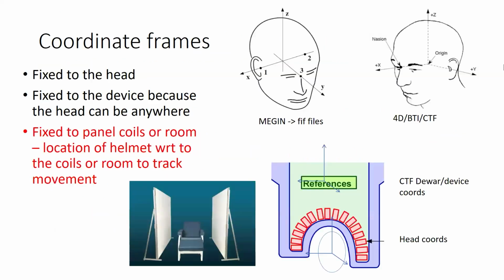Someone's already mentioned the coordinate frames, but I wanted to mention that besides the head coordinates and the device coordinates that we're all used to, I think we also need to incorporate the concept of a coordinate system of where the helmet is relative to the room, because we are now going to be talking about potentially using these systems for movement. So just another point to consider as we integrate OPMs into the world of SQUIDs.